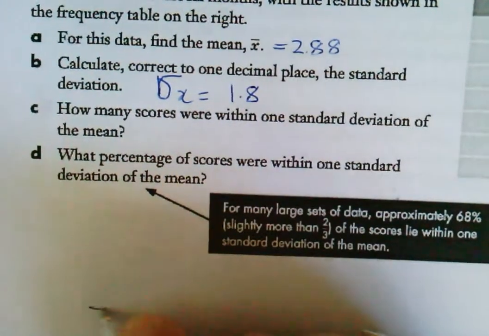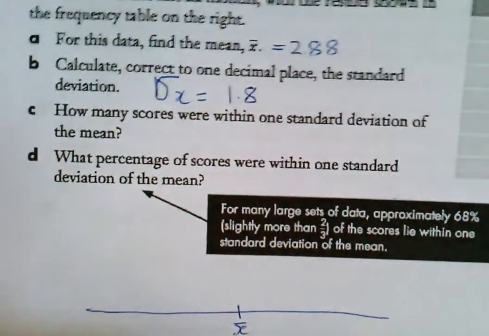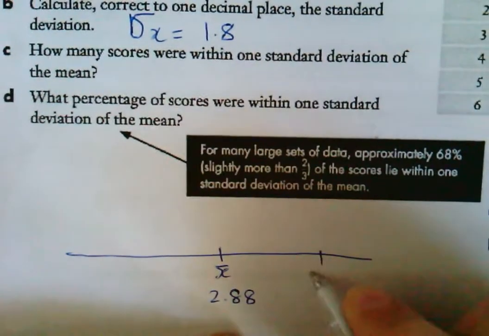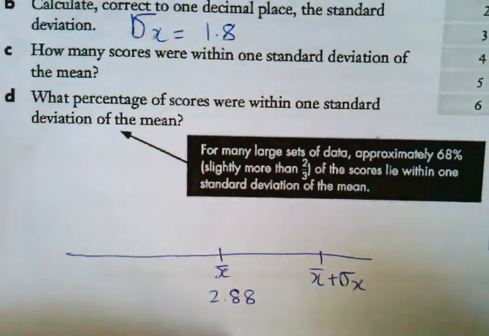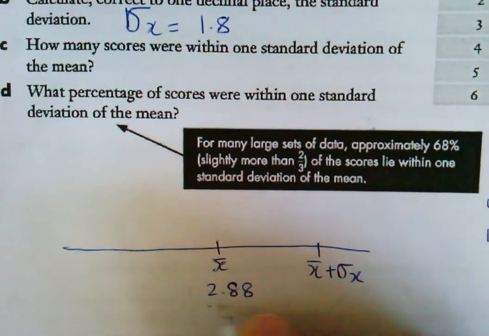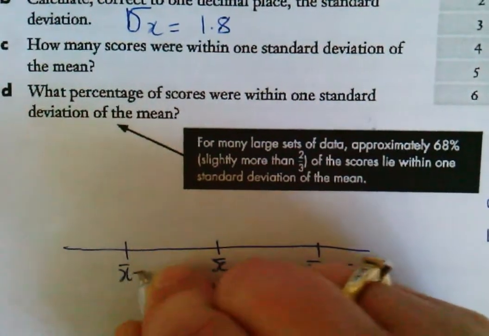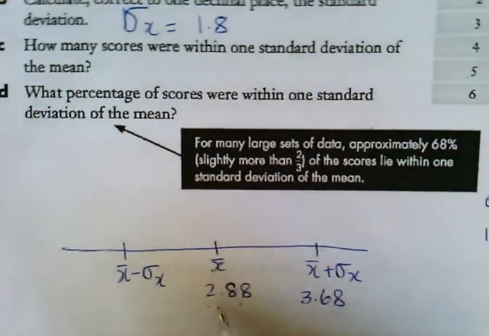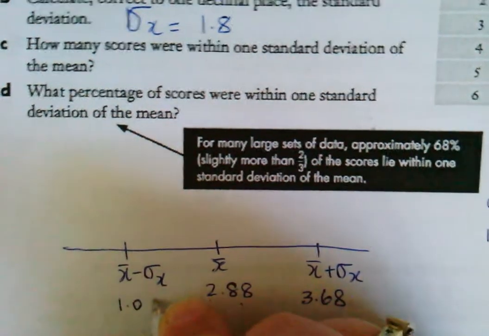Now, down here, I like to do a little thing. There's my mean, it's 2.88. I'm going to add mean plus 1 standard deviation. Now 1 standard deviation is 1.8. So if we add 1.8 to that, what do we get? 3.68. And I've got the mean minus 1 standard deviation is 2.88 minus 1.8, which is 1.08.